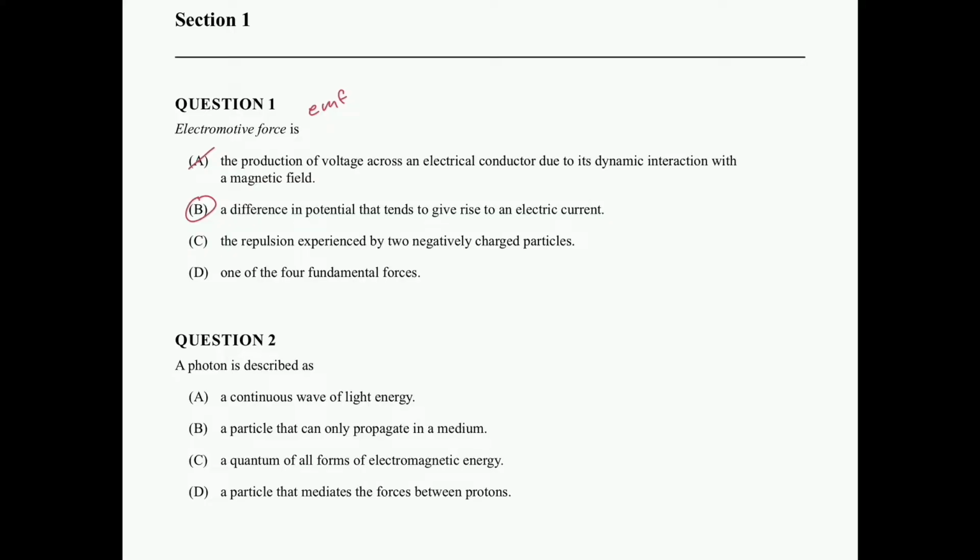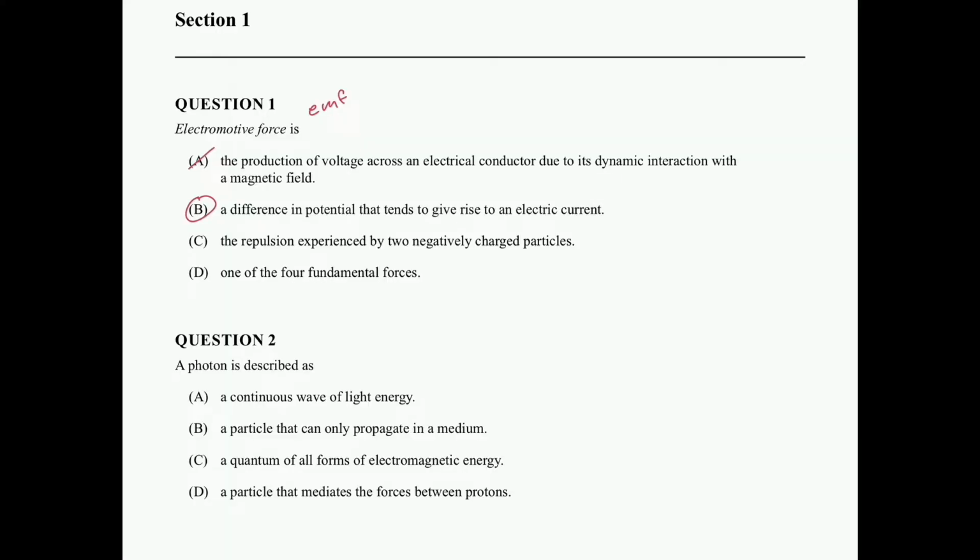This is actually describing the electrostatic force, which is the force of repulsion, or it could be attraction, between charged particles. Depending on the charge, if it's a negatively charged particle versus a positive, we have the electrostatic force of attraction. Whereas if it's two of the same charge, you'd have the electrostatic force of repulsion.